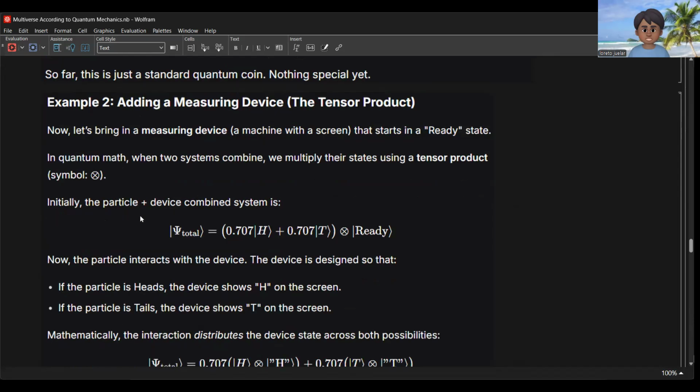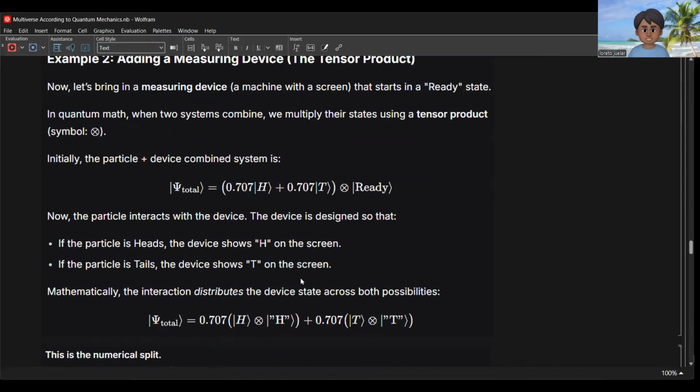So initially, the particle plus device combine into one system. We have not measured the quantum system. Now the particle interacts with the device. The device is designed so that if the particle is heads, the device shows H on the screen. If the particle is tails, the device shows T on the screen.